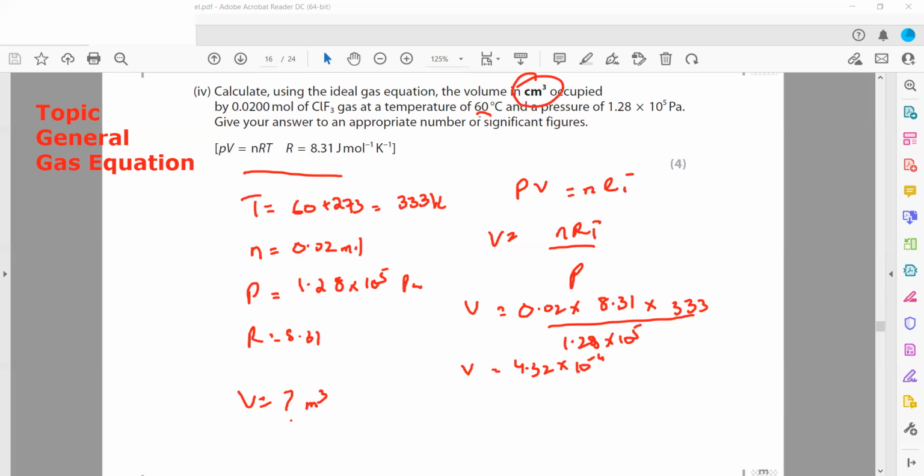To convert meter cubed, remember, 1 meter is equal to 100 centimeters, but it is cubed.